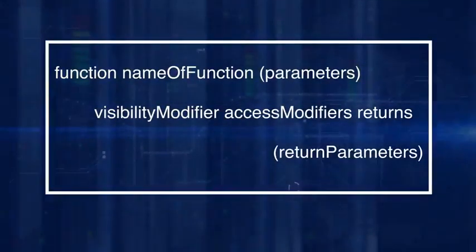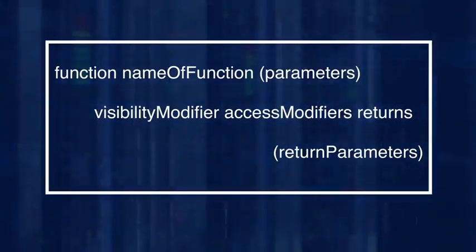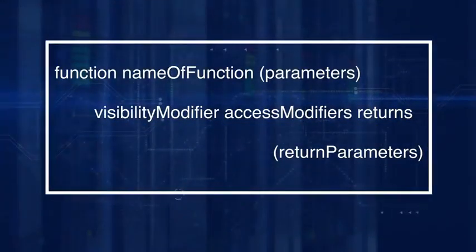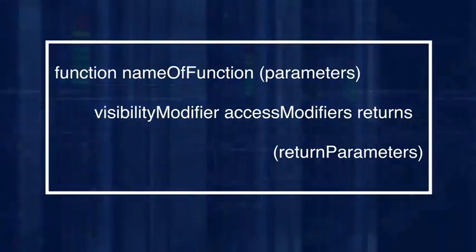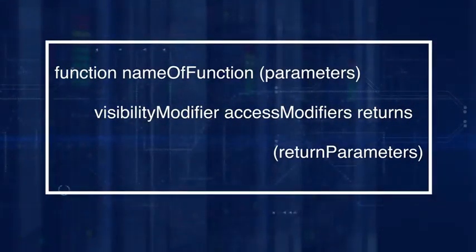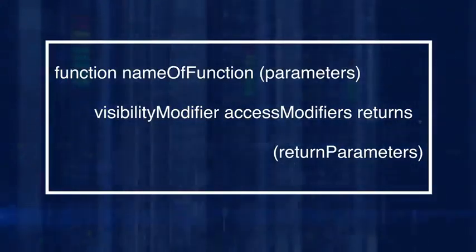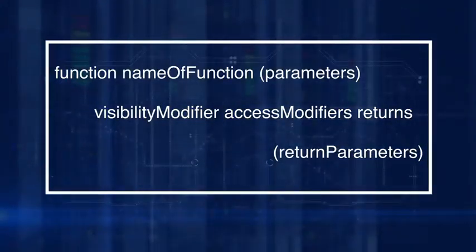Function is a keyword at the beginning of all functions. Parameters are any number of pairs, type identifier, example, uint count. Return parameters, return values can be specified as pair, type identifier, or just type. When only type is specified, it has to be explicitly returned using a return statement.